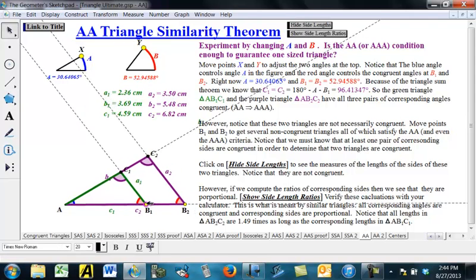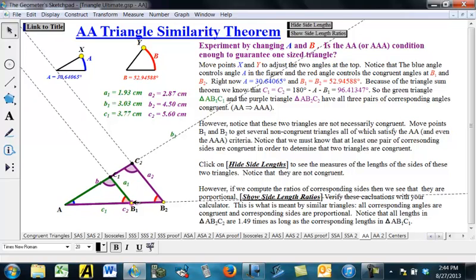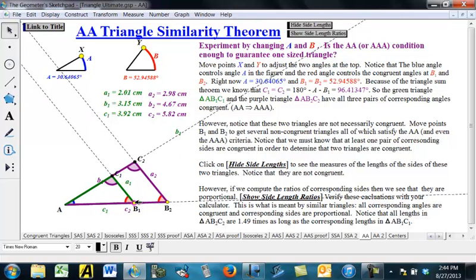Let's see if I can experiment with this a little bit to make this a little bit easier. Okay, so suppose we have side A is 2. That's this side here. And here B is 3.13. C to here, to B1, is 3.9. But in the bigger one, we might have something bigger.